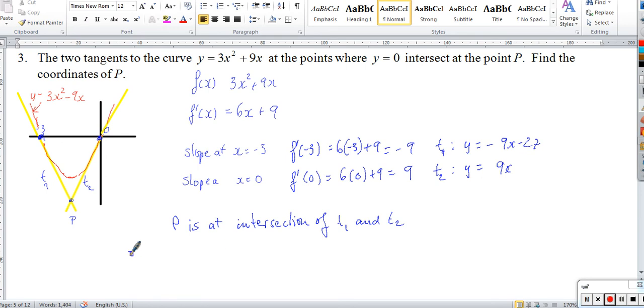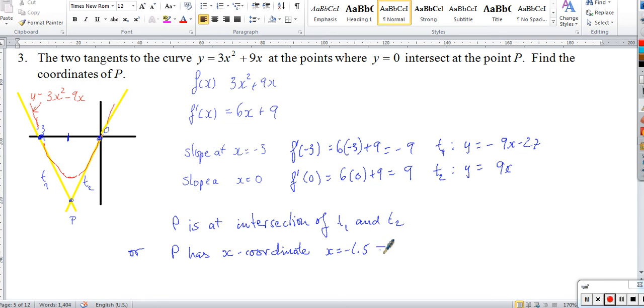Or I can simply say, through symmetry, P has x coordinate x equals -1.5. I can see that here, isn't it? If from -3 to 0, P must be somewhere here, that's -3/2.